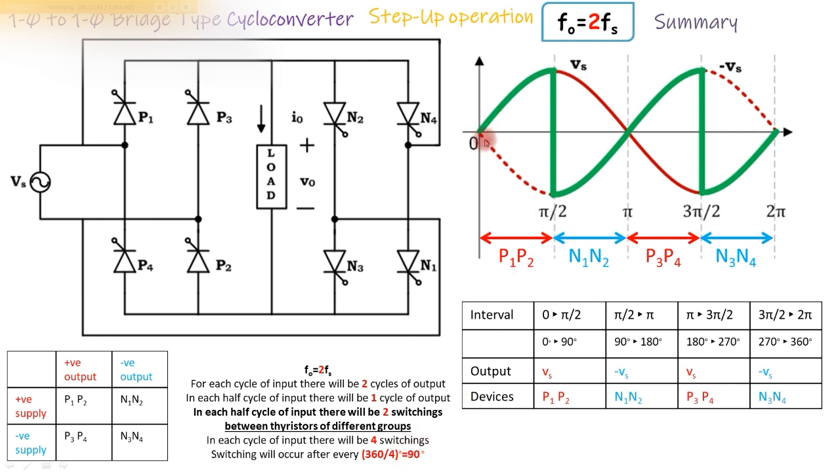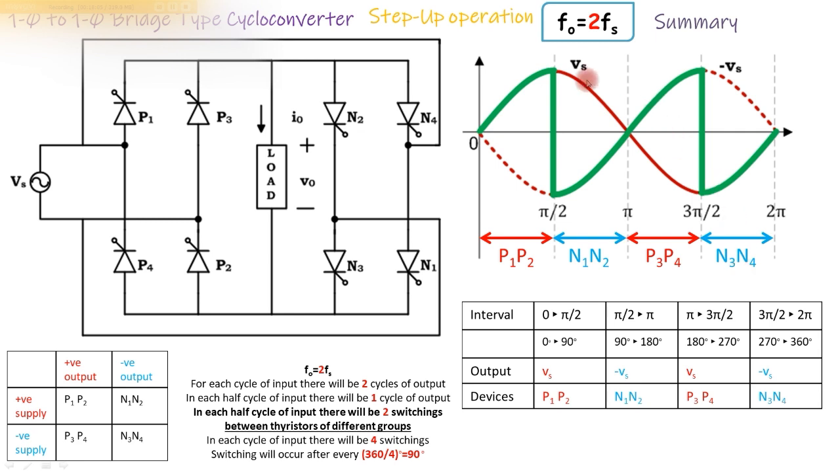So a complete cycle of input is divided into 4 intervals, each of 90 degrees, and then alternately the thyristor groups are fired: P1, P2, N1, N2, P3, P4 and N3, N4.